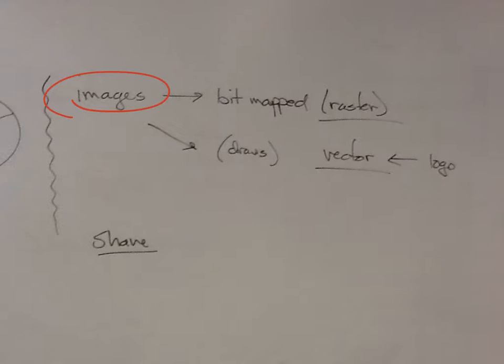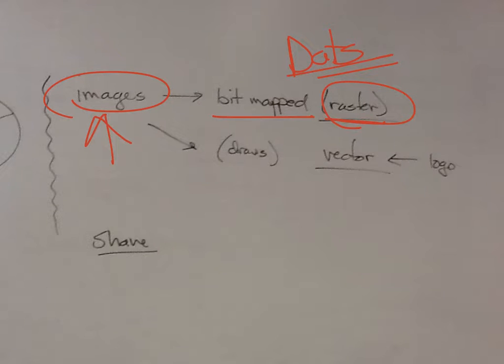When we deal with images, nowadays with our cameras, there's a lot of ways to get an image. Two things. The images we typically scan are bitmapped or raster. They're made up of bits, or dots you might think of too.